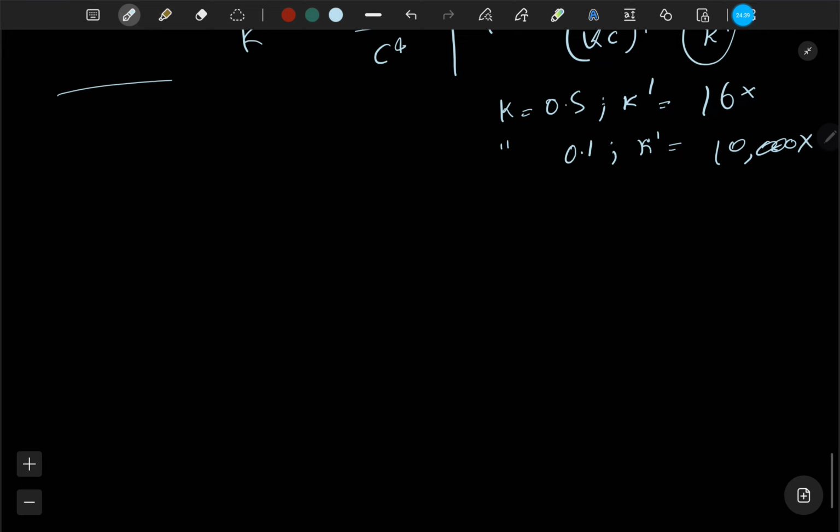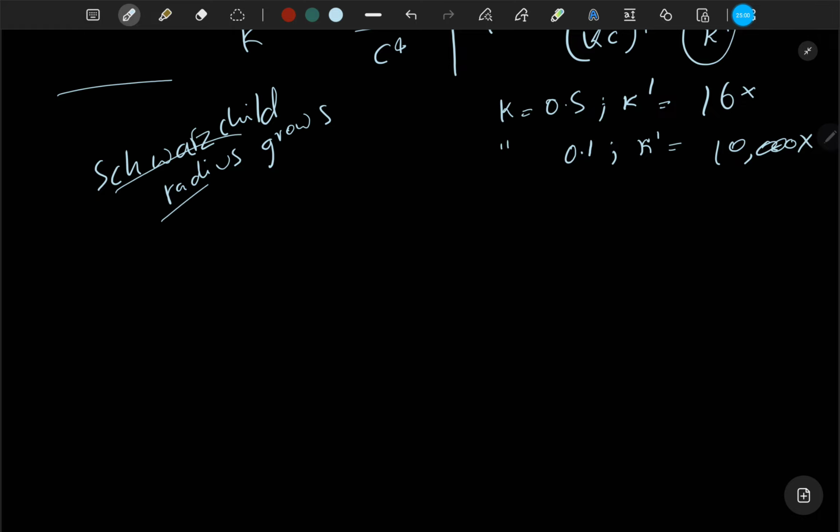And if you look at the Schwarzschild radius grows, they have the weirdest names, I swear to God. Right? Which is basically the black hole radius.